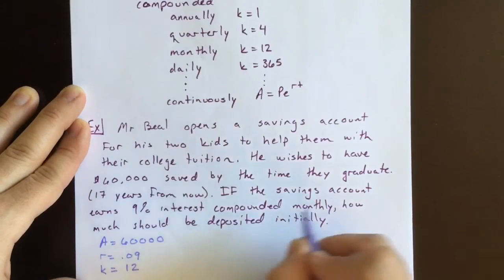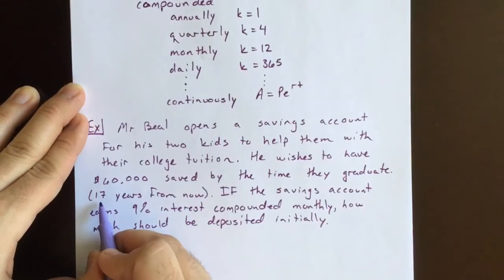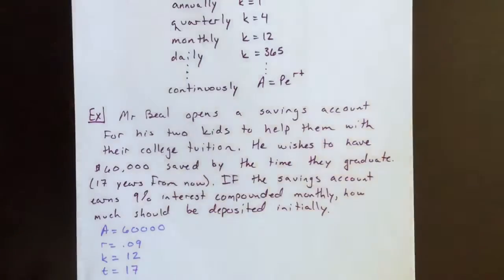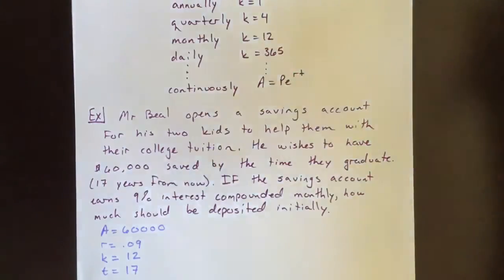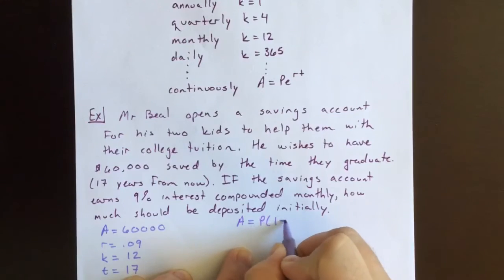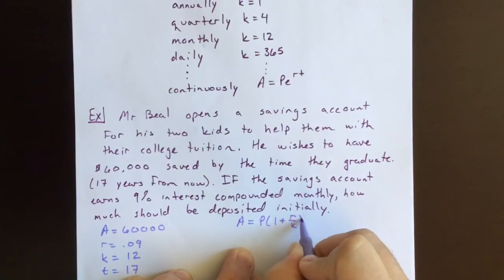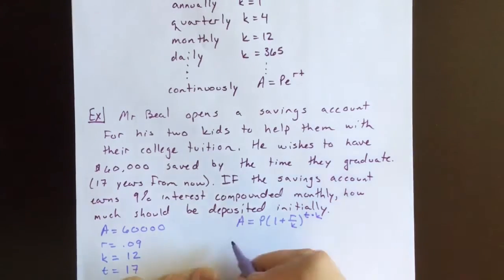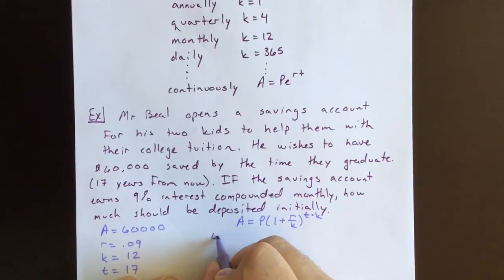And we also see that the time that we're looking at investing in is 17 years. Okay, so with all of this, again, writing our formula down. And plugging values in.